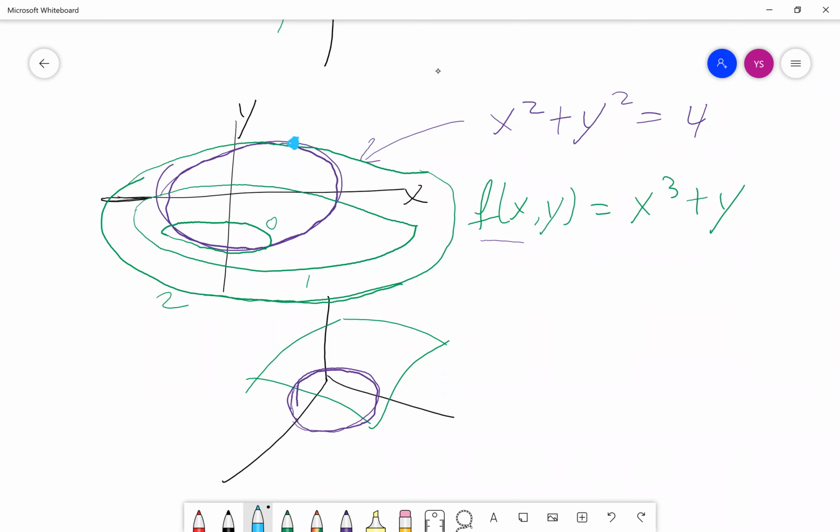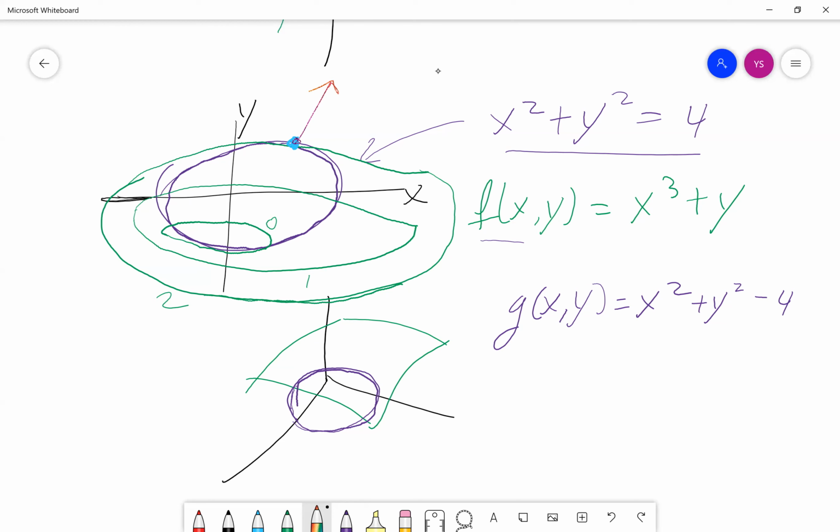Well, what happens at this maximum? Let's imagine that we rewrite this in terms of some function, g of xy is equal to x squared plus y squared minus 4. So we write something like that. Well, then the gradient of g, well, the gradient is going in the direction of greatest increase. So it's some vector like that.